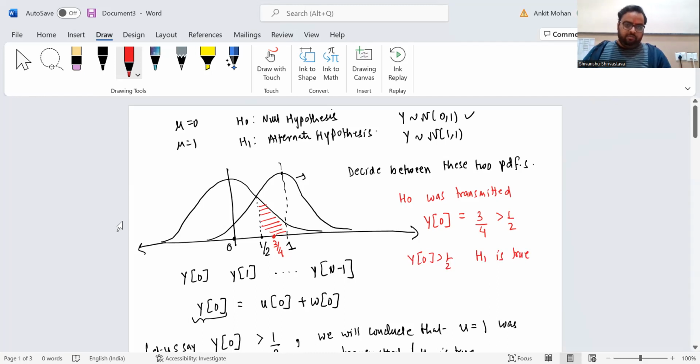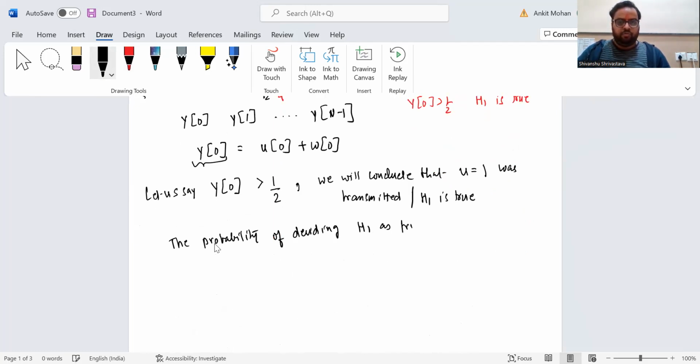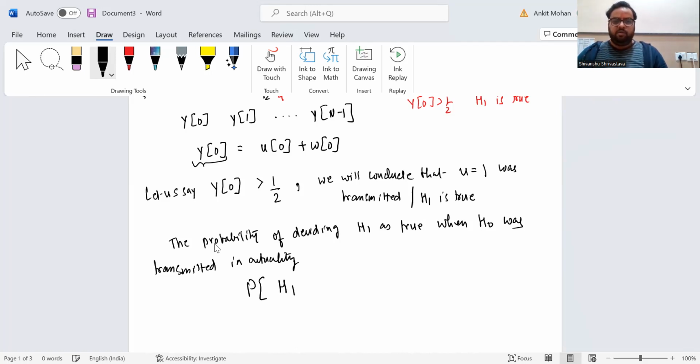Okay. So the probability of deciding H1 as true when H0 was transmitted in actuality, that is, I define it as the probability of deciding H1 when H0 was transmitted.